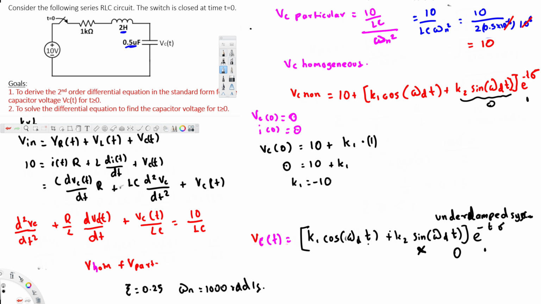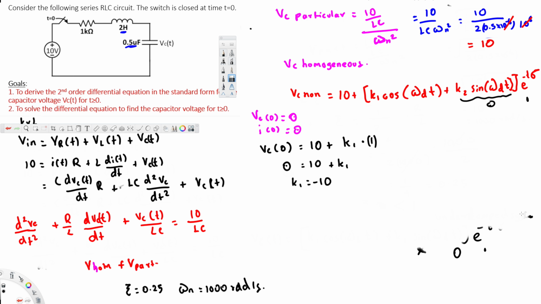Our next step is to find k2. To find k2, we are going to use the I of 0 condition. Instead of writing I of 0, we can write it as C times dVc over dt, which is another expression for I of t.